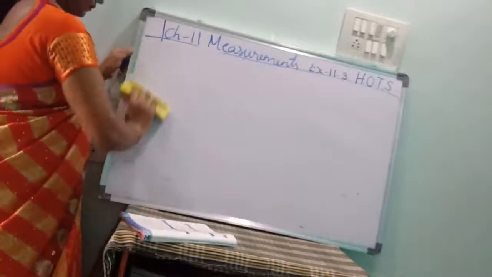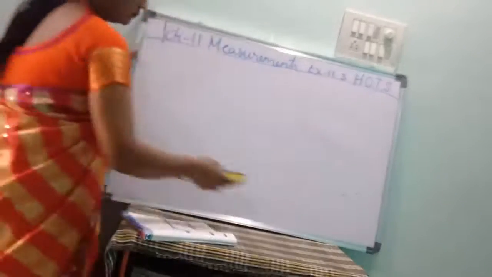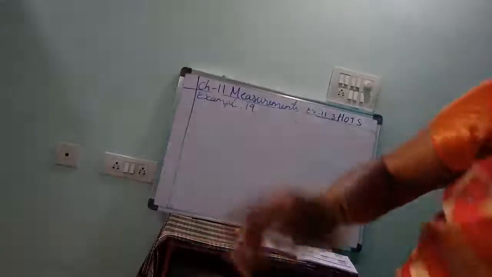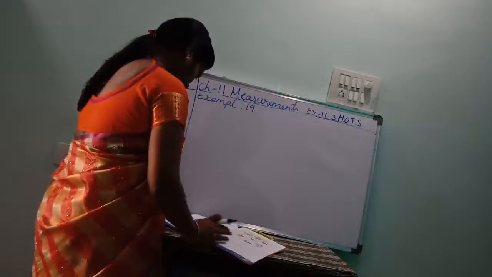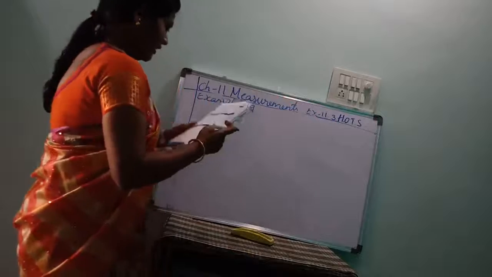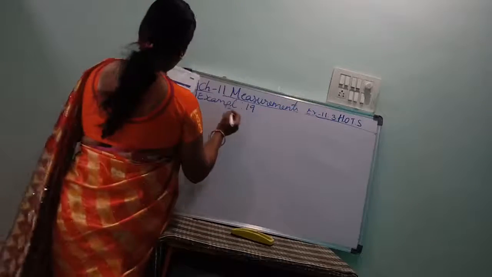Write in the classwork. Children, 19th example. Higher order thinking skills. Okay.